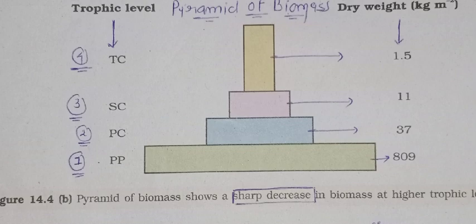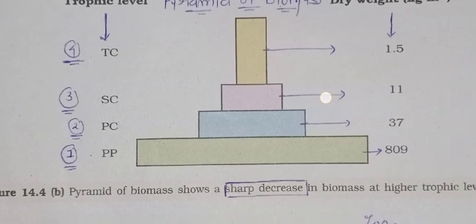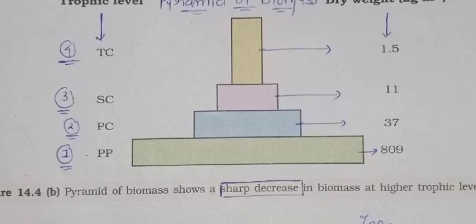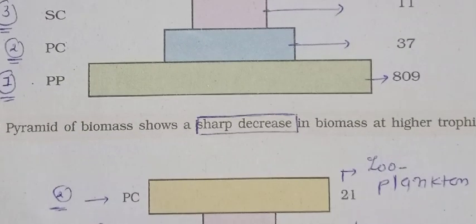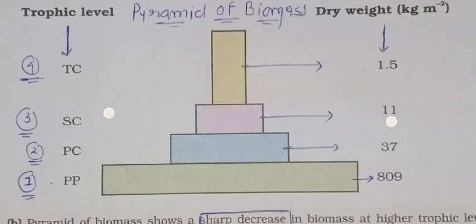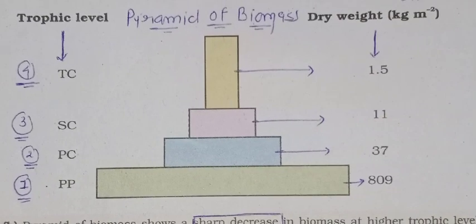Okay, now see figure number 14.4b, pyramid of biomass shows a sharp decrease in biomass at higher trophic levels. So see here on the right side, dry weight kilogram per meter square.